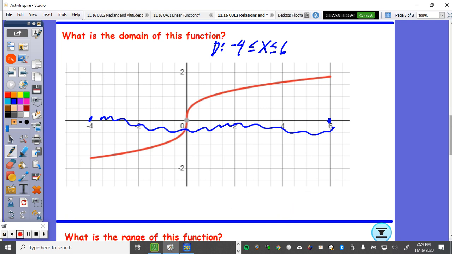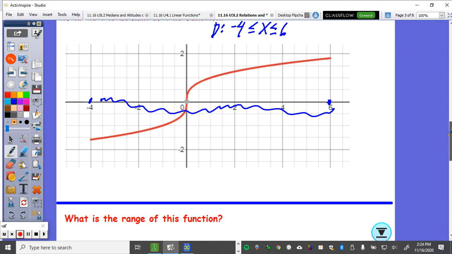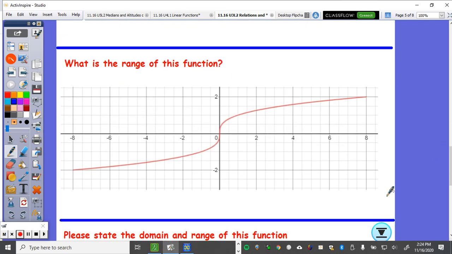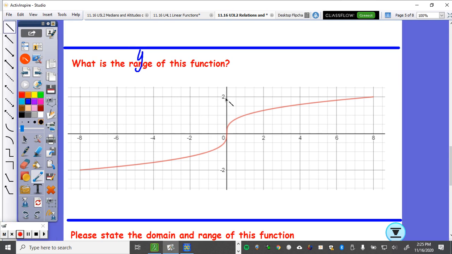All right, I want you to find the range for this function. When we're talking about the range, we're just talking about the y values. Okay? And when we do this, I'm only using the y values on this graph from here to there.